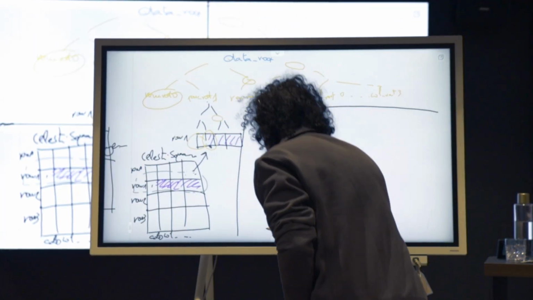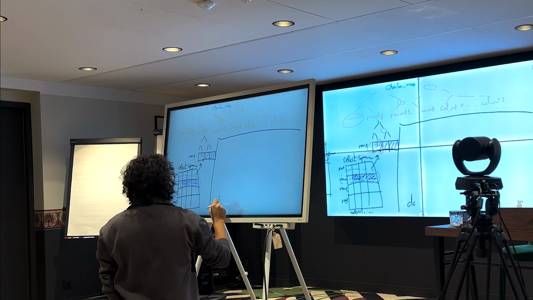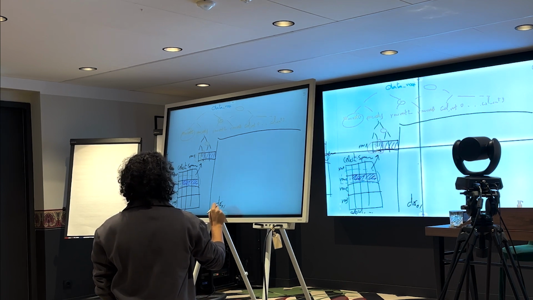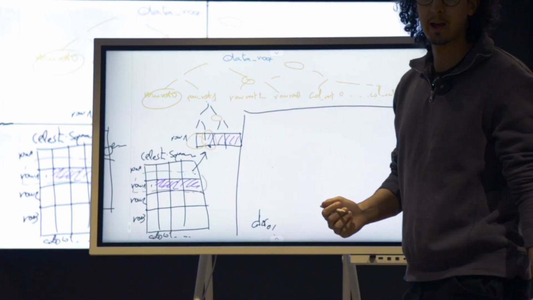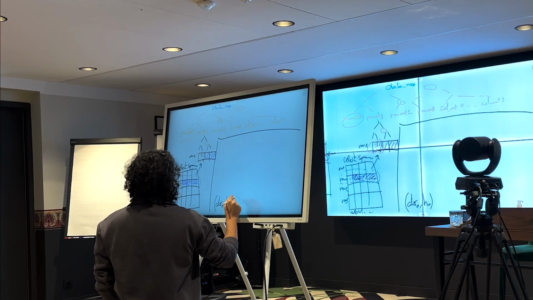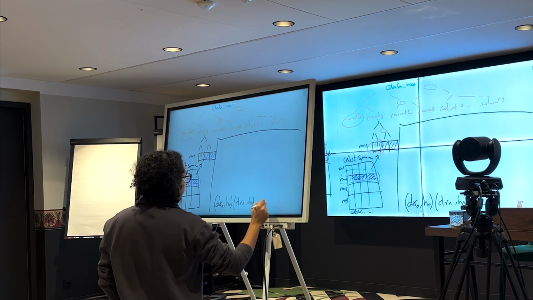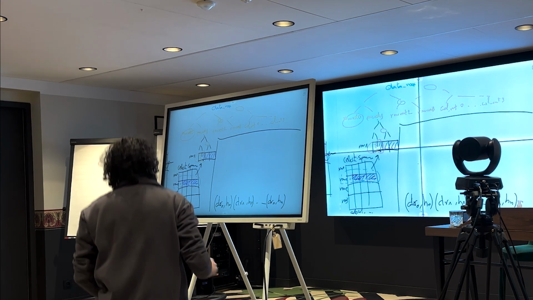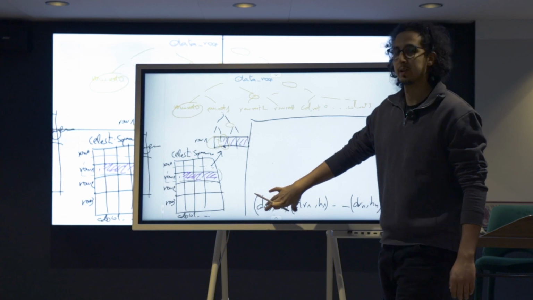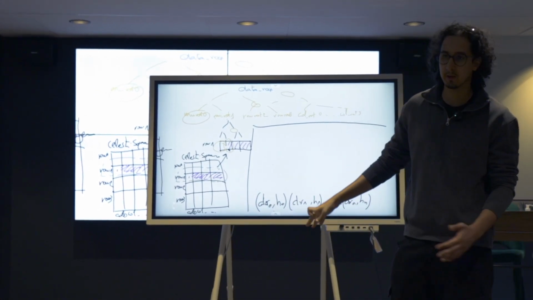So let's assume we have data root 0, and we're also going to add the height to it, so height 0 here, and then we're going to have, for example, data root 1 and height 1, up to data root and height n. So let's assume all of these represent some Celestia blocks. For example, this one is this one, and the others come from the whole chain.